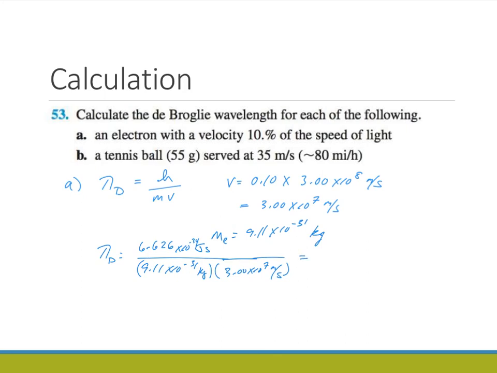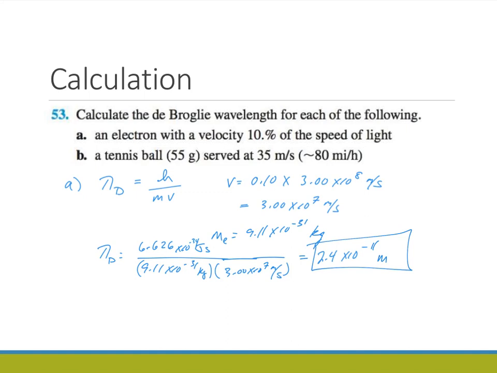And this gives us 2.4 times 10 to the minus 11 meters, which is incredibly small in terms of a wavelength. However, when you consider that this wavelength is quite large compared to the size of an atom, this is an appreciable de Broglie wavelength.